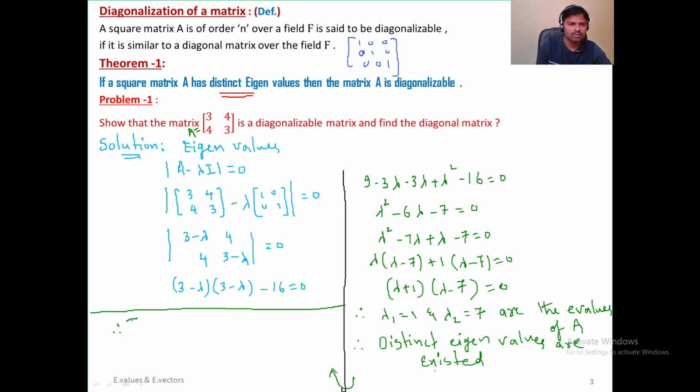Therefore the given matrix is diagonalizable.